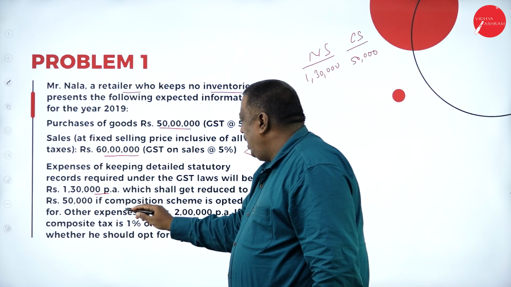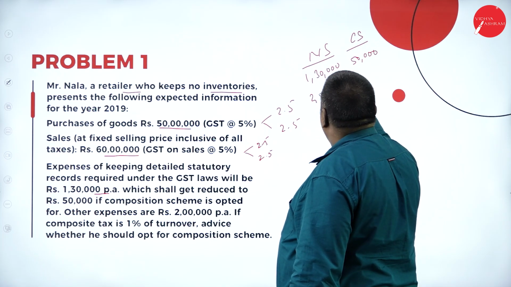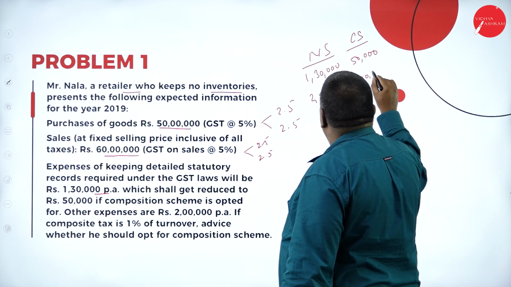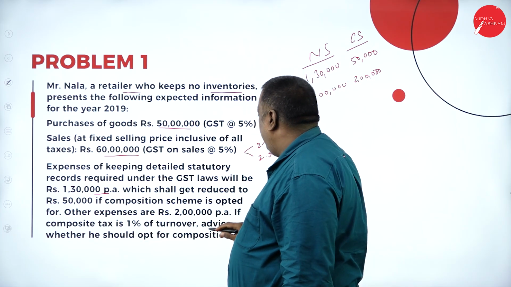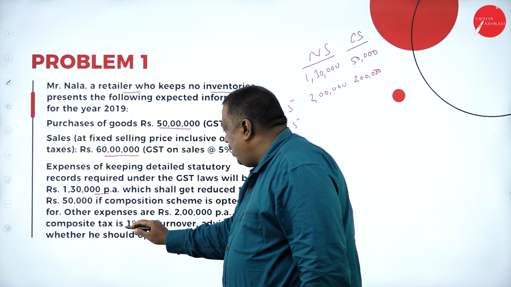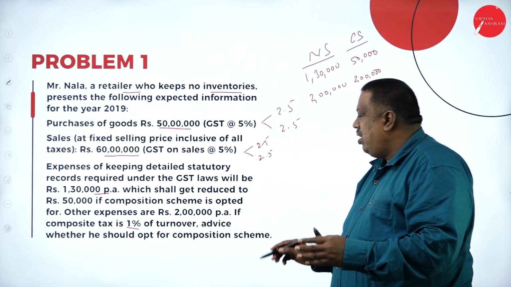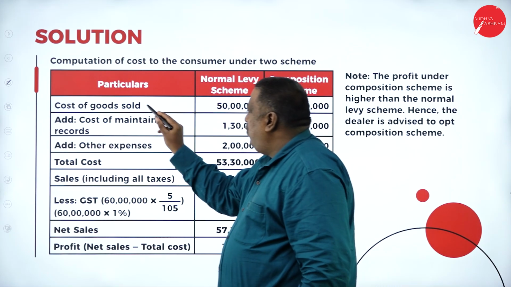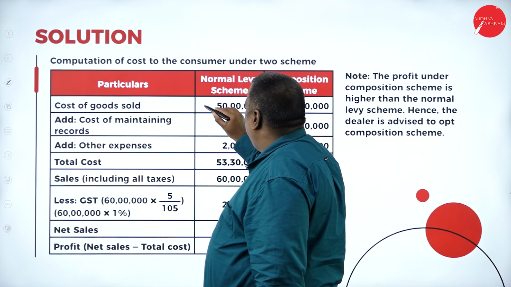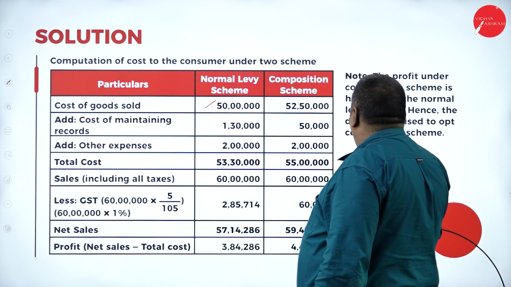Other expenses are 2 lakhs in both cases. Next, if I opt for the composition scheme, then it is 1%, that is 0.5 for CGST and 0.5 for SGST. Now, cost of goods sold in the normal scheme is 50 lakh, and in the composition scheme also 50 lakhs.